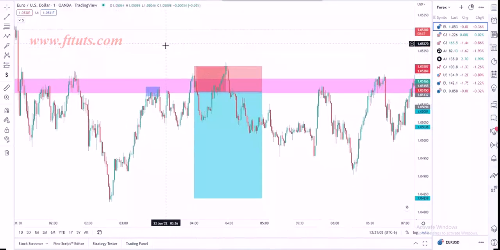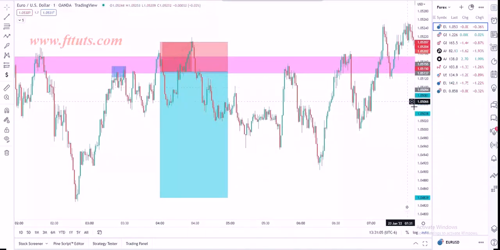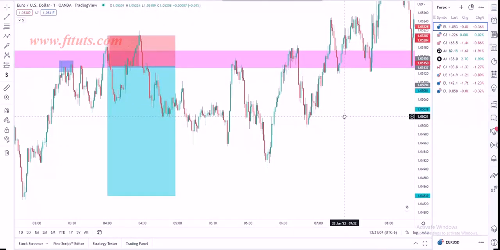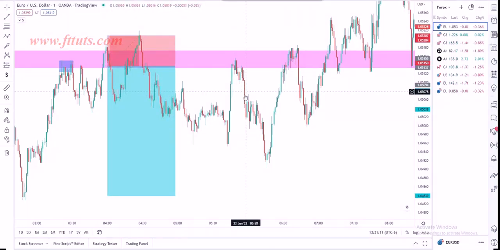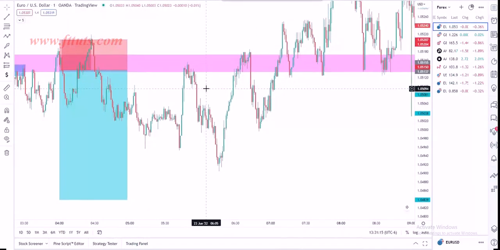So let's see. This example wasn't great for showing another example, but at least you're getting the feel for it. At least you're understanding what's going on here. So it pulls away, taps the key area, does not give a valid entry.